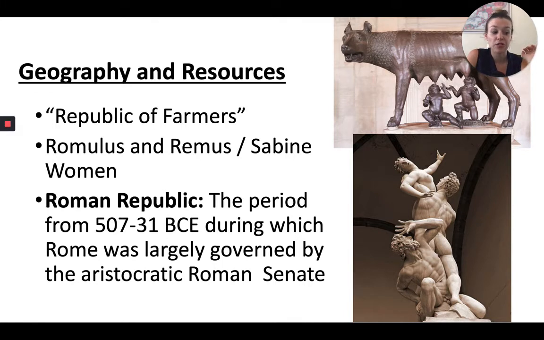It has a mild climate, which allows for a long growing season and a wide variety of crops. At this time, the Italian hills were all forested. There's bears, there's wolves. Italy itself is very hilly and mountainous. There is the Apennines, which run along Italy like a spine.